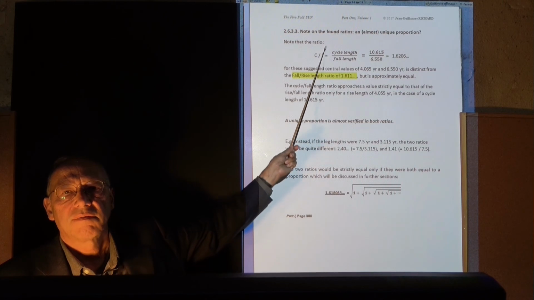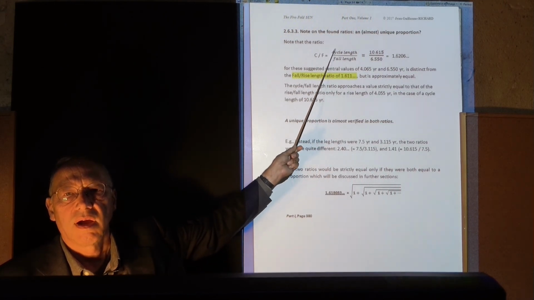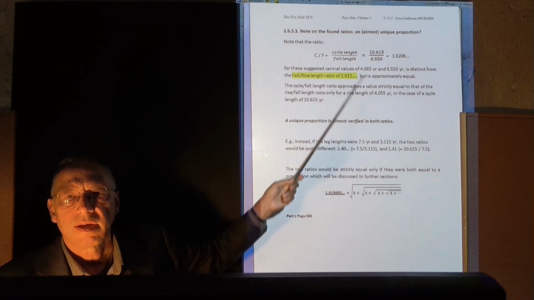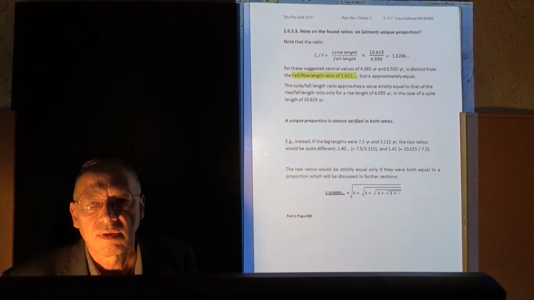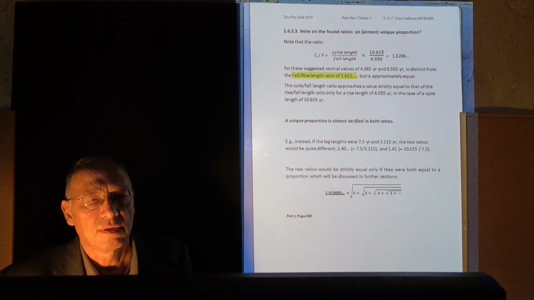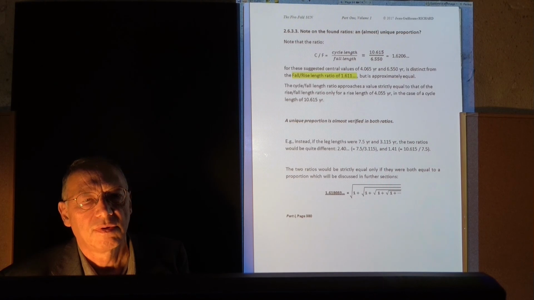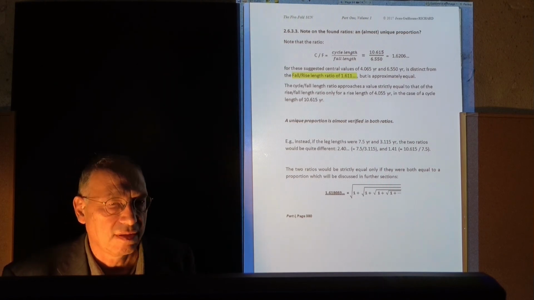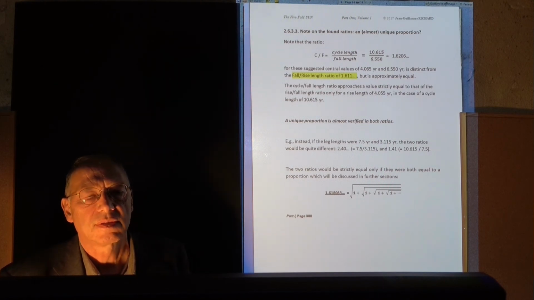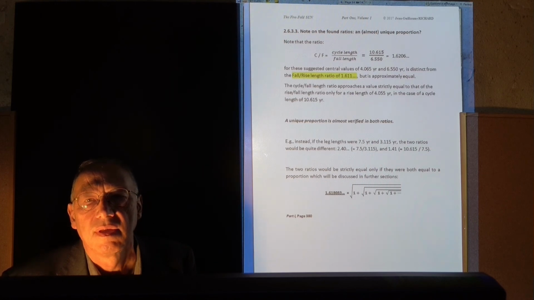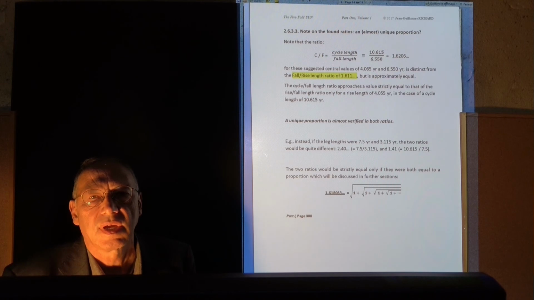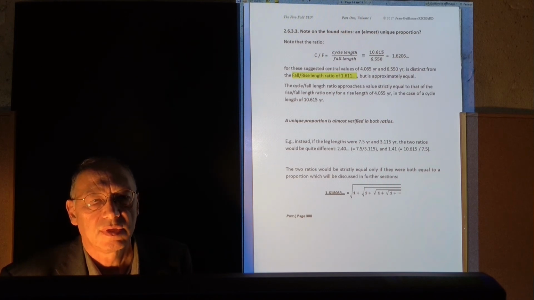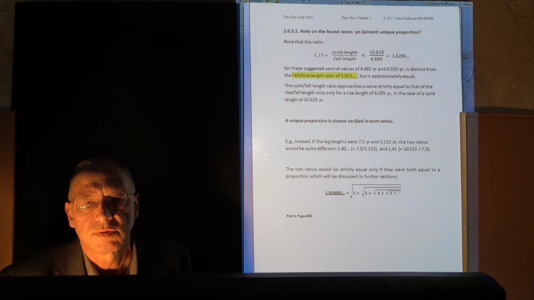Note now that the found ratios are in slightly different proportions, 1.61 and 1.62, for the fall over rise length and for the overall cycle over fall length. But this is almost identical, so it is almost a unique proportion applying to the two ratios.